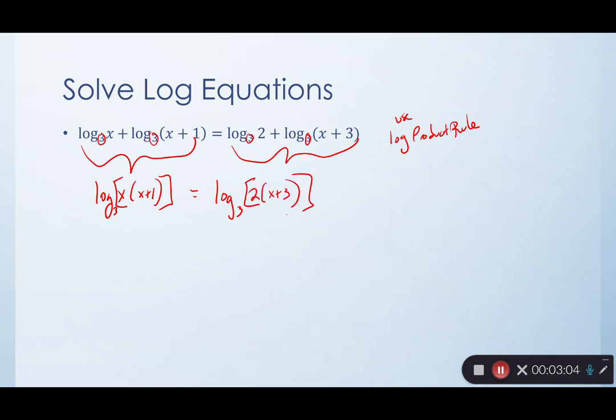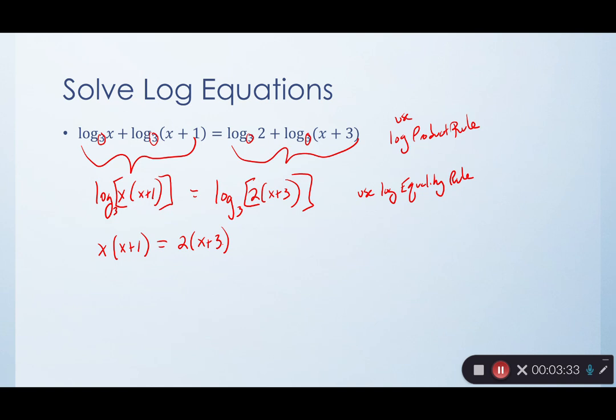All right. And now that we've rewritten these, I can use my log equality rule to set the arguments equal to each other. If these two logs are equal, then their arguments have to be equal. So x times x plus 1 has got to equal 2 times x plus 3.